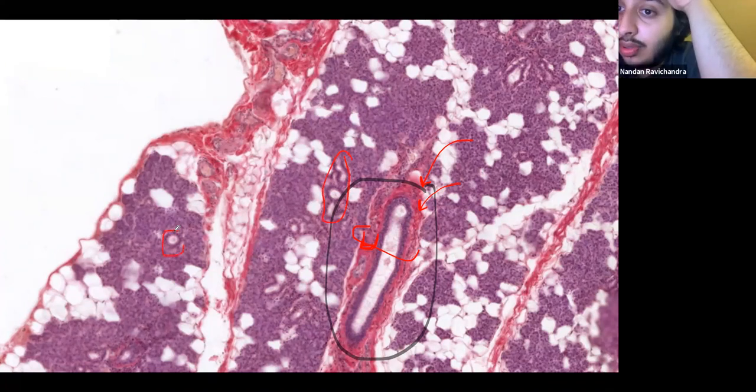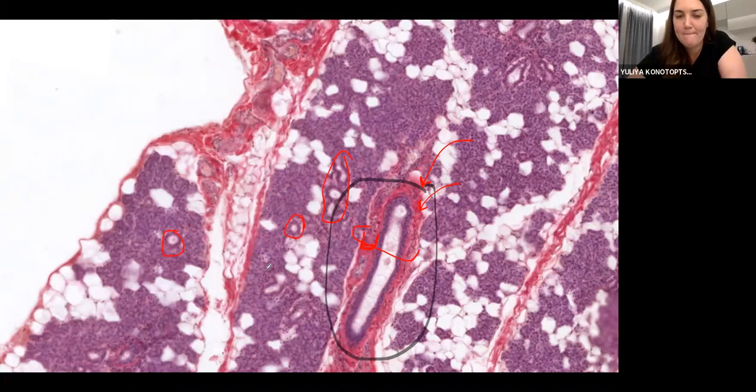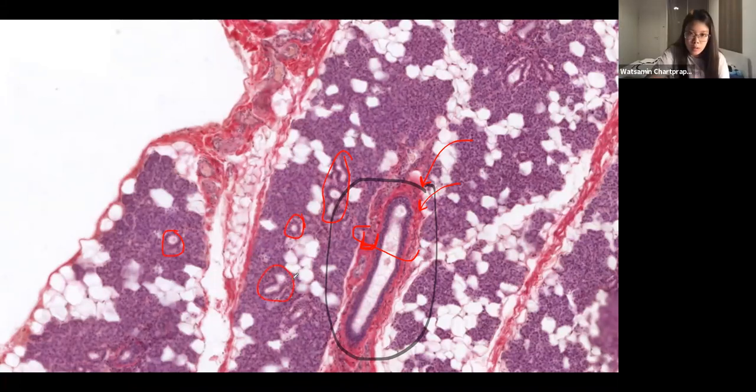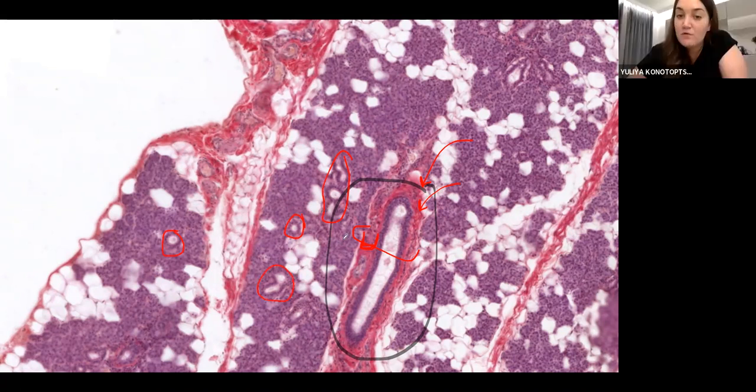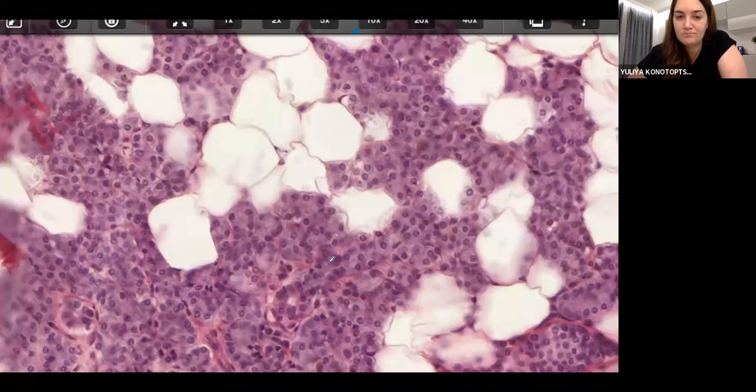Okay, what are those? Those are ducts as well. Yes, which ones? Intercalated. Or those are actually striated, and I'll tell you why. This and this is intercalated duct. So take a look. This is a serous acinus.